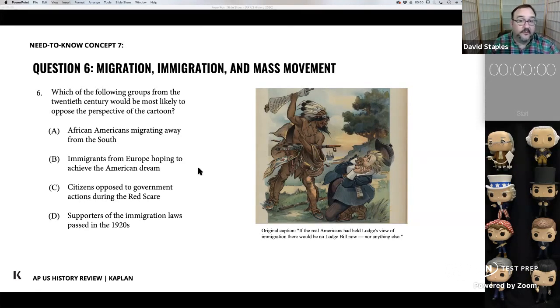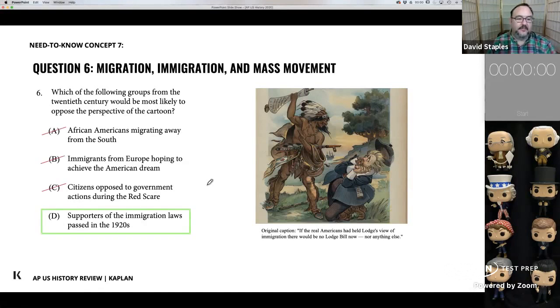Because otherwise we wouldn't be here. Yeah, great. Thank you for that. So it's going to be D. Trying to protect these immigrants is what they're trying to do, so that they wouldn't keep getting attacked. So.